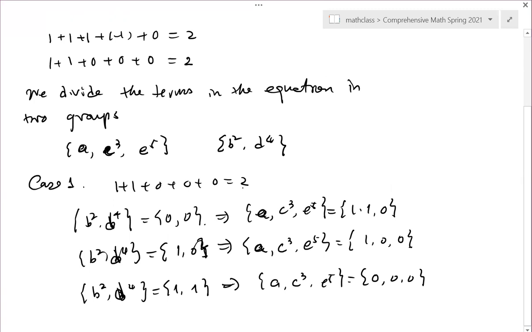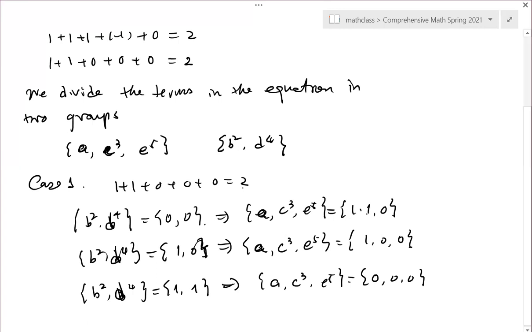But for a, c, e, how many solutions are you going to have here? If a equals 1, c cubed equals 1, and e equals 0, then e to the fifth equals 0, then you get one solution for a, c, e, because those are integers.